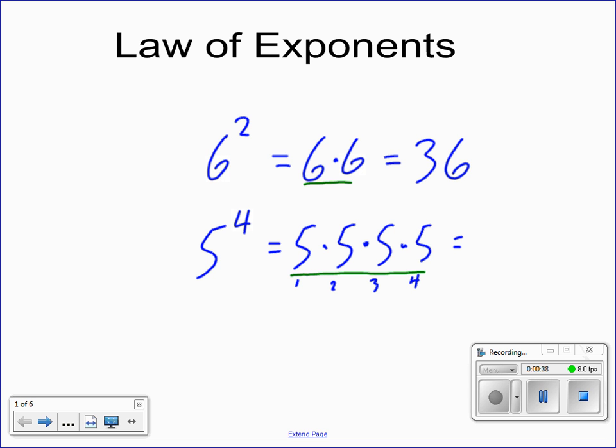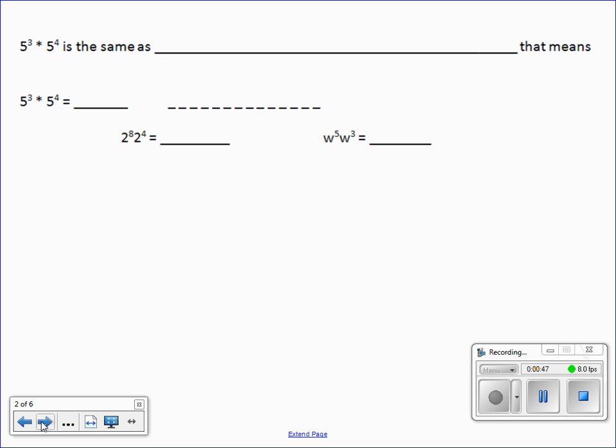This is going to be the key to understanding this part today, as we're looking at the law of exponents. We're looking at different things we're going to do with our exponents. Our first law is when we multiply two numbers with exponents. So here we have 5 to the 3rd times 5 to the 4th.